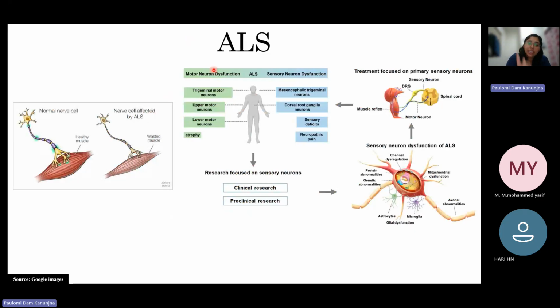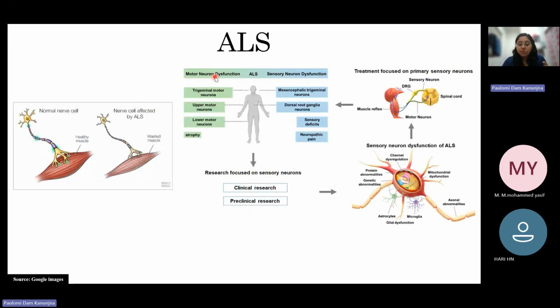It primarily first affects the motor neurons, right? The motor neurons, as we know, are present in both brain and spinal cord, so both get affected. If you remember, in the brain it's the upper motor neurons, and in the spinal cord it is the lower motor neurons. But what you need to remember is both brain and spinal cord motor neurons are getting affected.